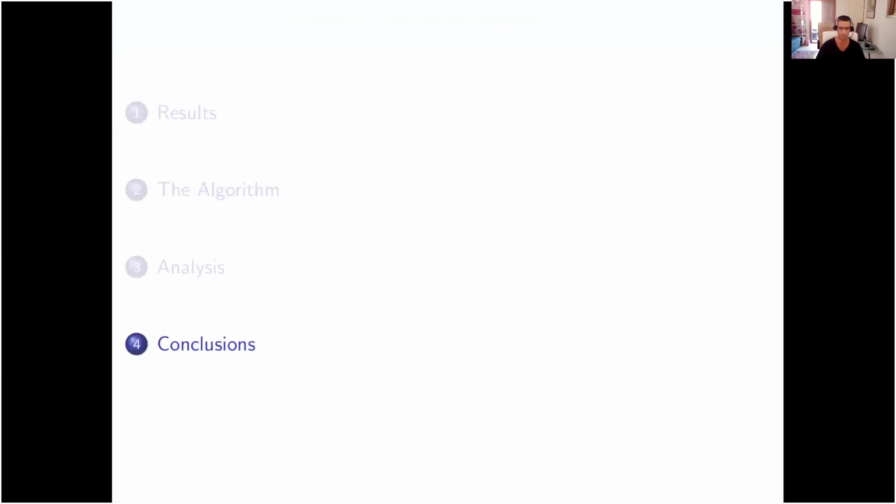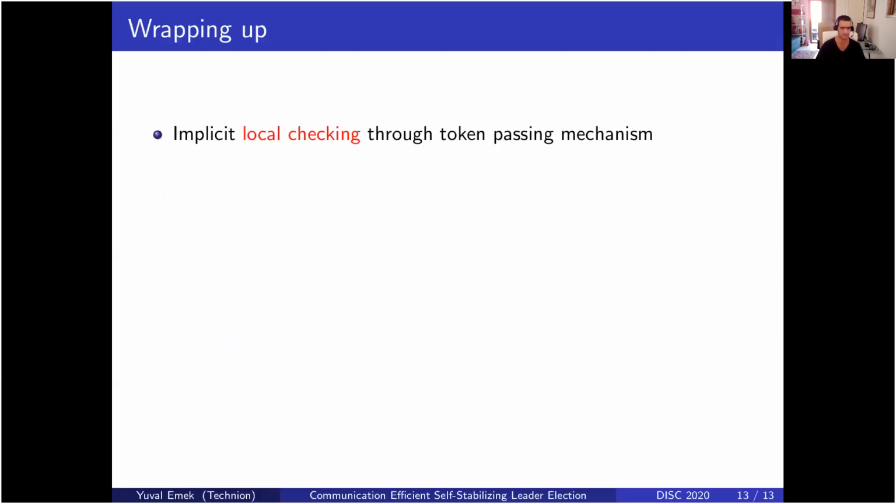Okay, let's conclude. Many self-stabilizing algorithms use what is known as local checking, which basically means that for detecting failures, the nodes indefinitely perform local checking in the local neighborhood.